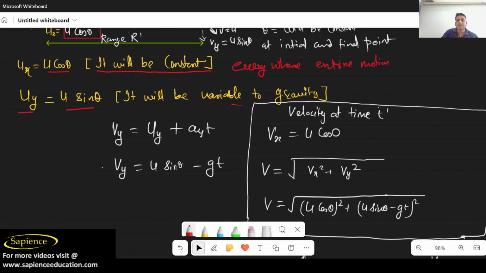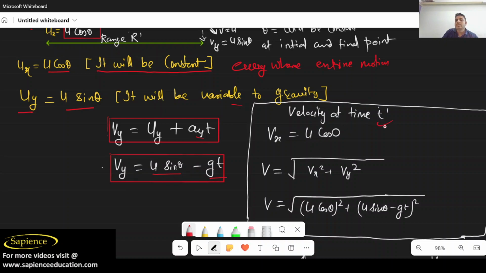Now, if we talk about velocity in the y direction, we have to use this equation. Velocity in y direction is equal to u sin theta minus gt, because acceleration in the y direction is the negative of the gravitational acceleration. So Vy is equal to u sin theta minus gt.